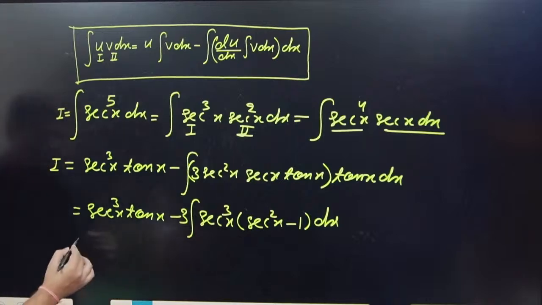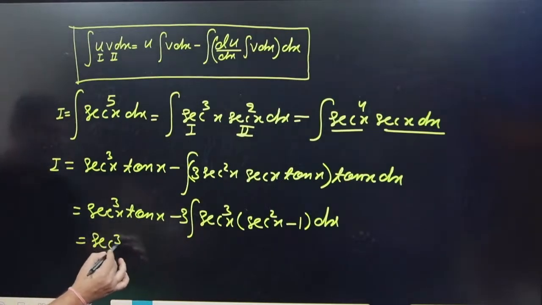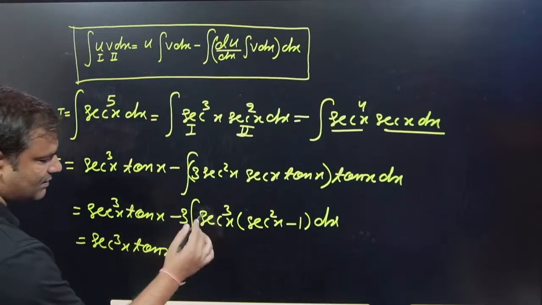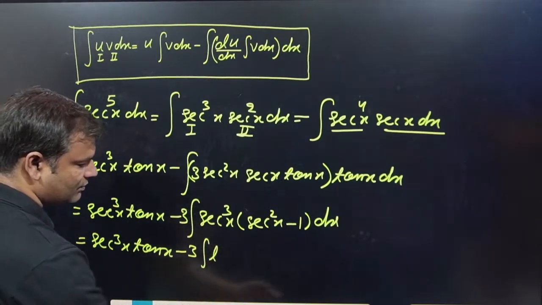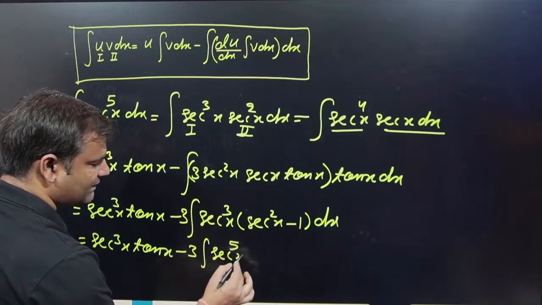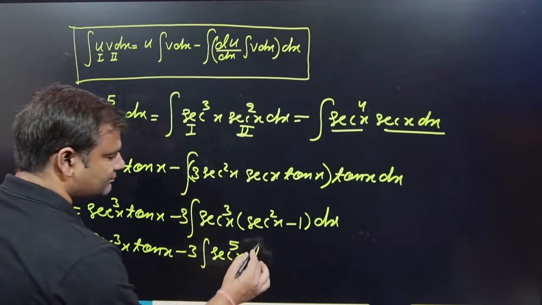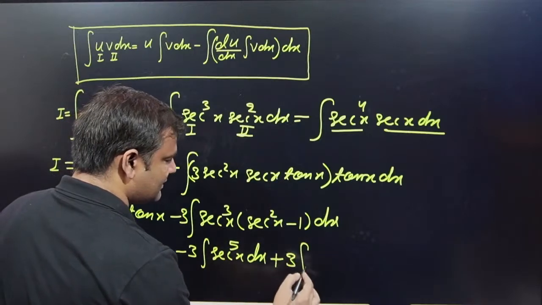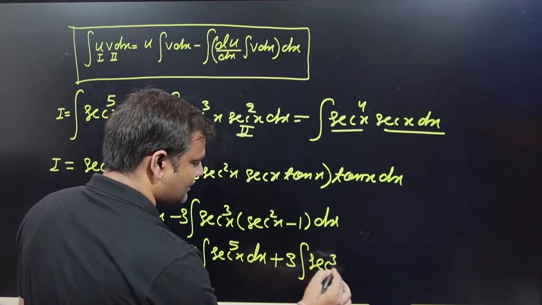So you can say sec cube x into tan x minus 3 into sec to power 5 dx, plus 3 times integration of sec cube x dx.